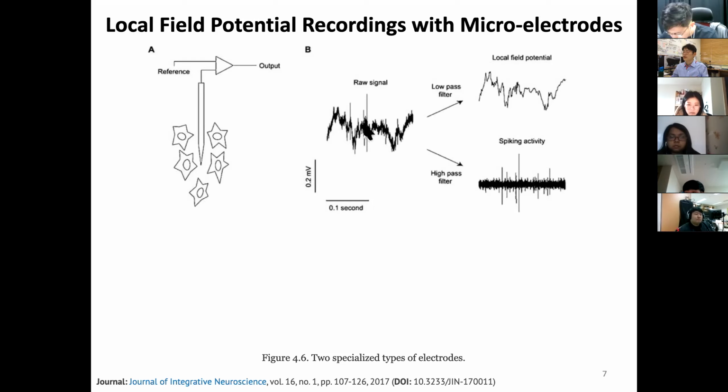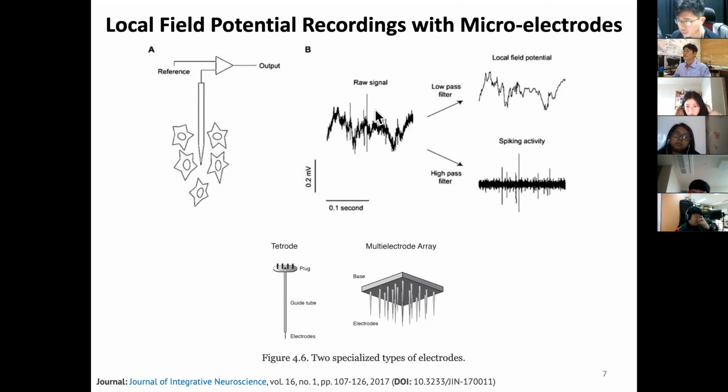If you want to see the overall shape, that's low pass filtering, which we call local field potential. And if we are interested in the spike activity, then you can use high pass filtering. Here, low and high mean a frequency range, okay? So that you can now look at the spiking activity.